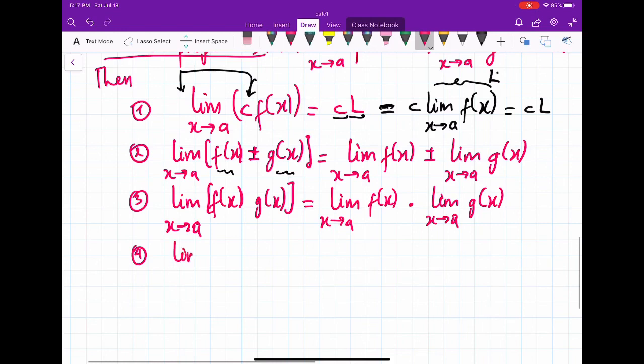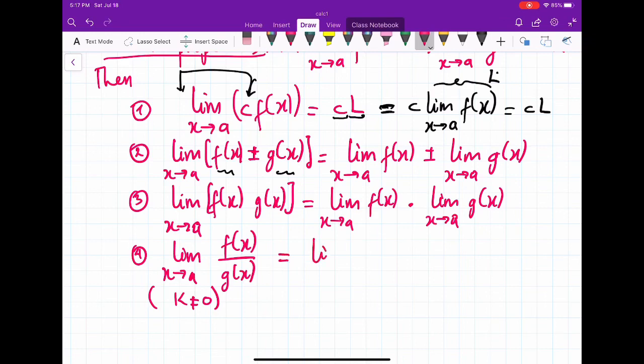And the last property is the quotient. If you need to find the limit of f of x over g of x when x approaches a, in this case we suppose that the limit of g at a is different to 0. Then we have the limit of f over the limit of g, equal to L over k.